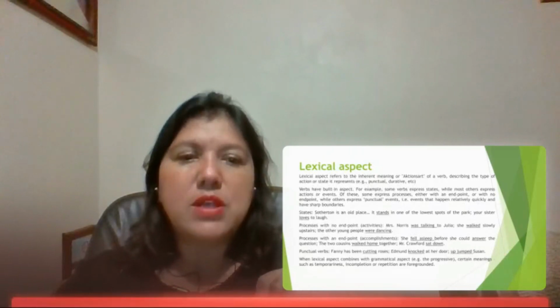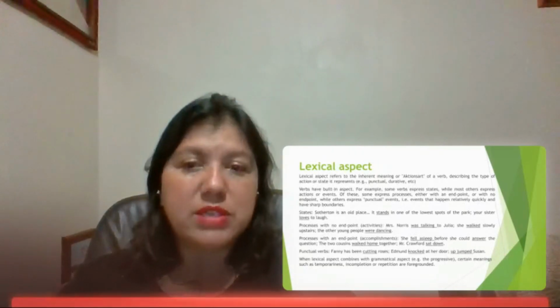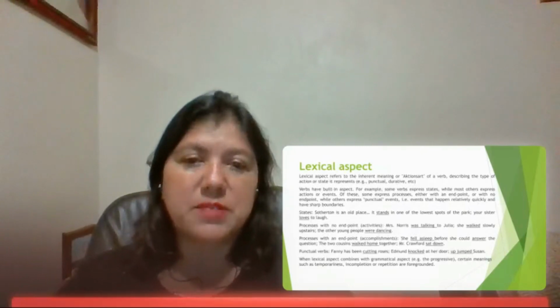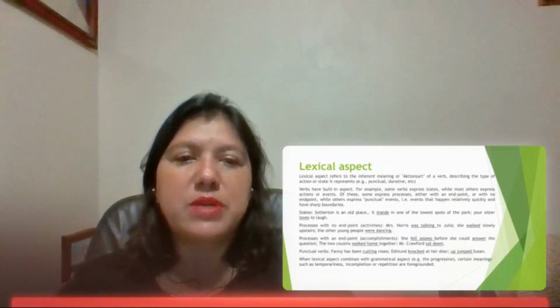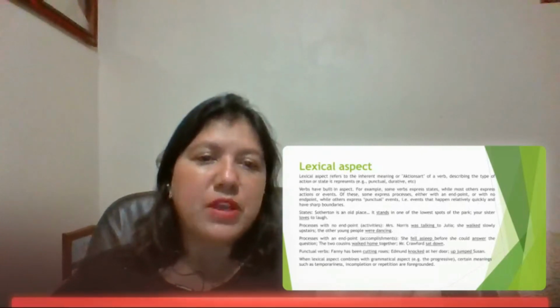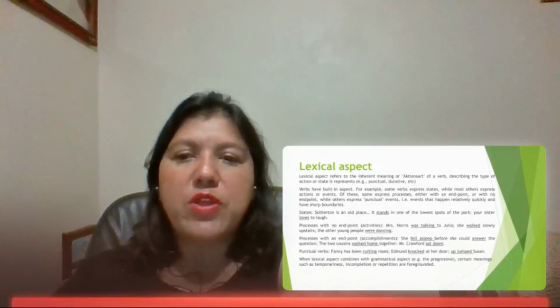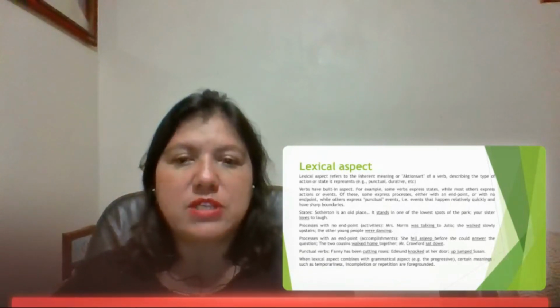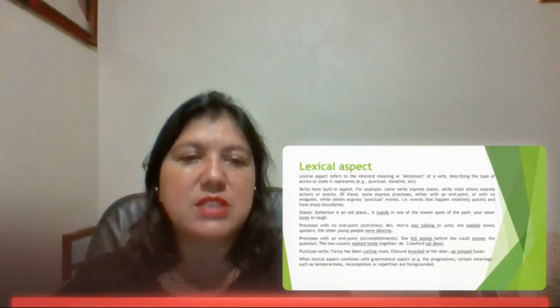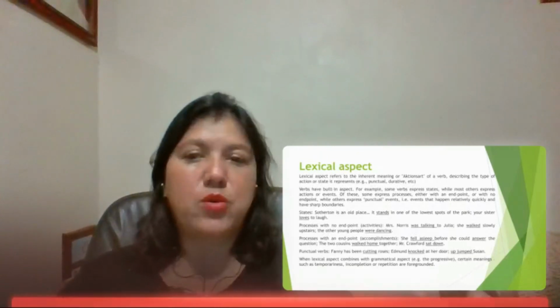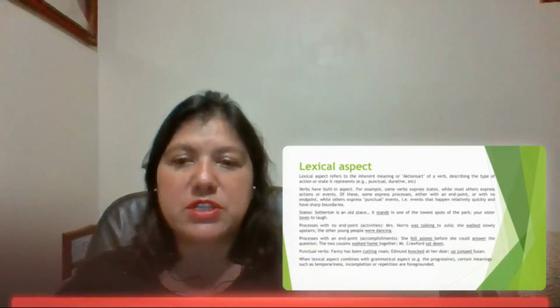For example, some verbs express states, while most others express actions or events. Of these, some express processes either with an endpoint or with no endpoint, while others express punctual events. Example: events that happen relatively quickly and have sharp boundaries.